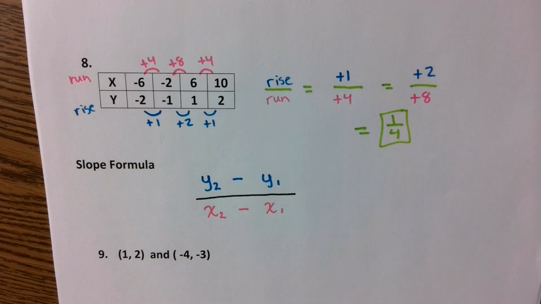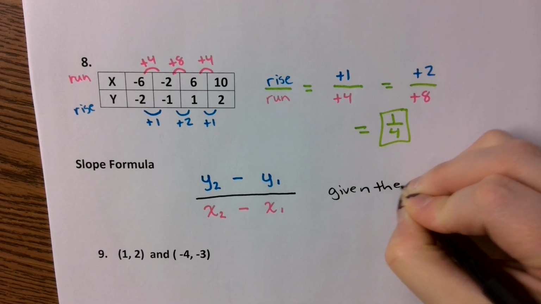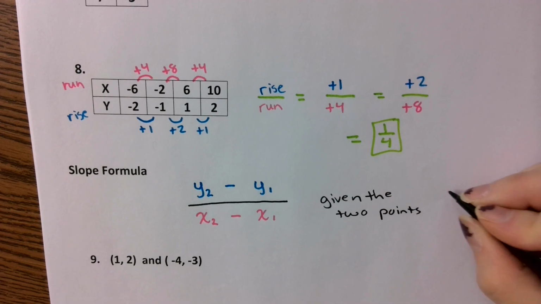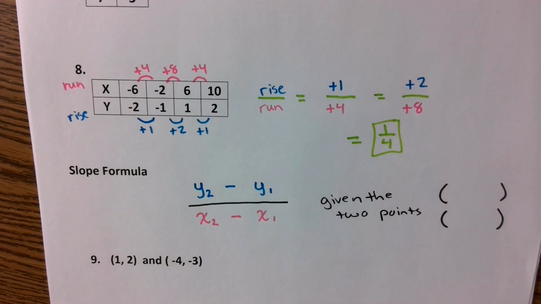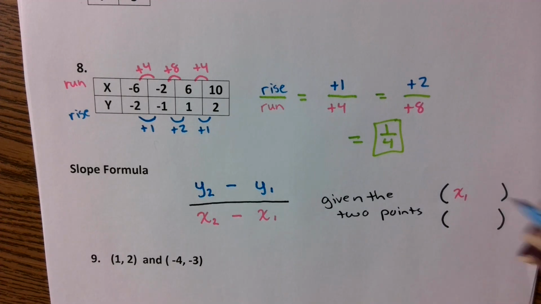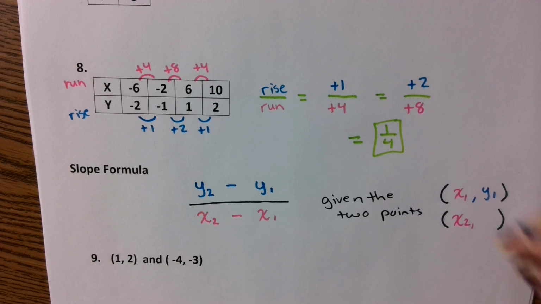And again, you are given 2 points. Okay, so given 2 points, where you have x1, y1, and x2, y2. So here's x1 with y1, and then you have your x2 paired with y2.